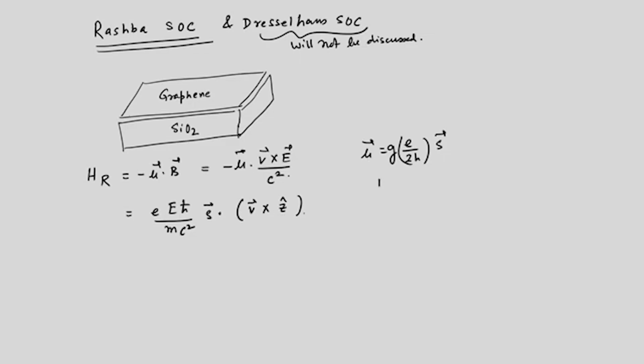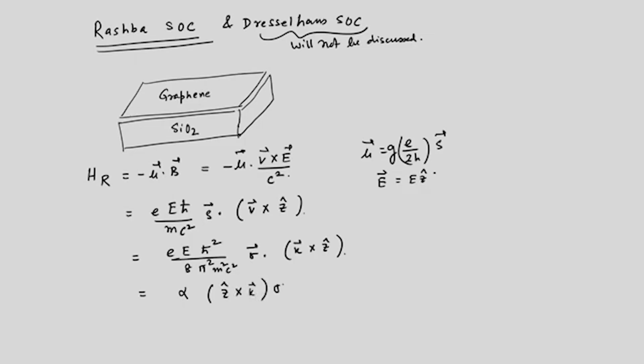So, we have taken the electric field to be in the z direction, and then you have S dot V cross z, which can be written as e h cross square divided by 8 pi square m square c square, sigma dot k cross z cap, where V is written as h cross k over m, and this can be written as some alpha, which is the strength of the coupling, and z cap cross k dot sigma.